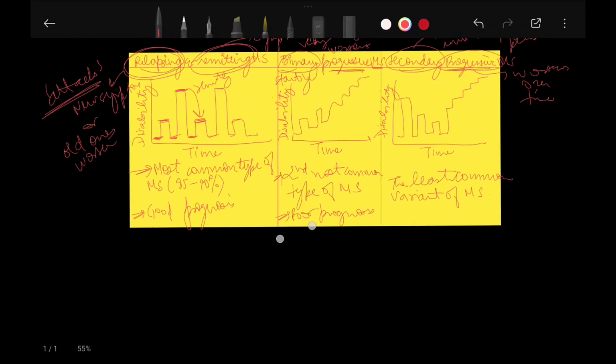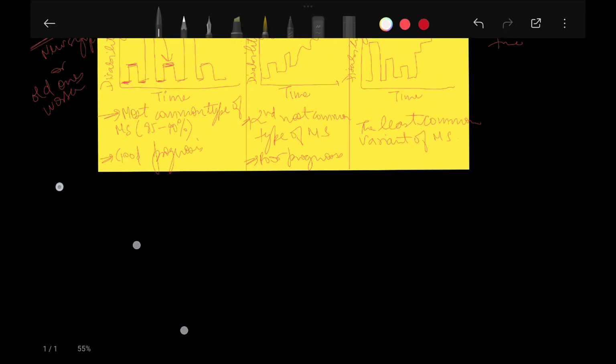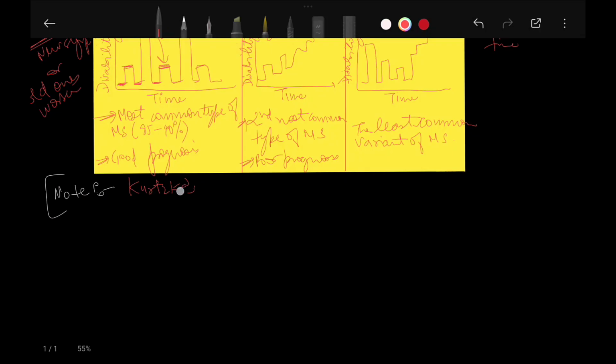Note. Now there is a special note below, in which the Kurtzke expanded disability status score is there.